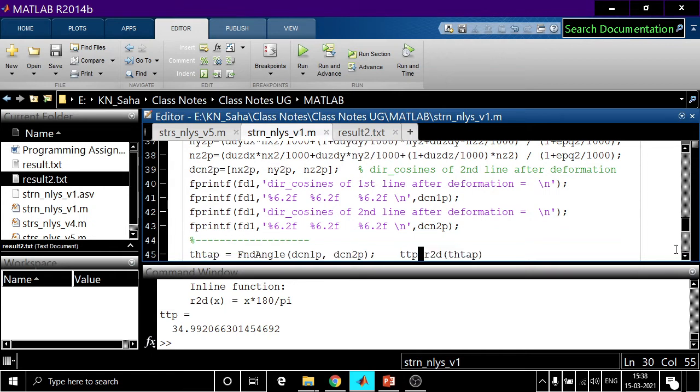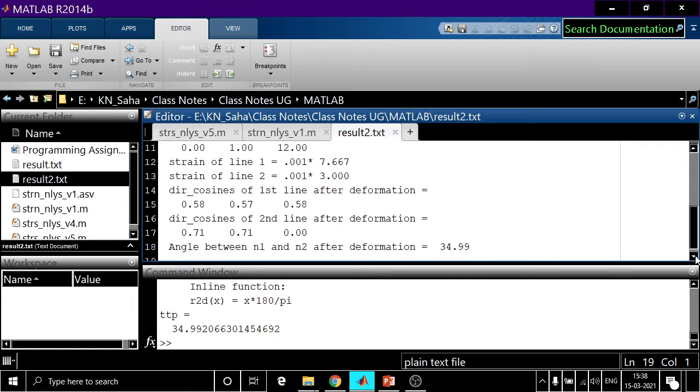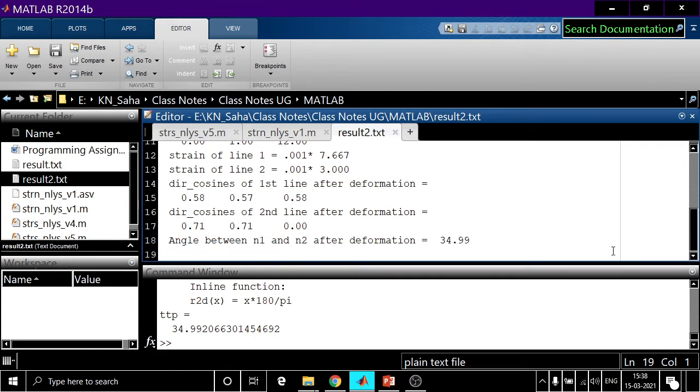So these are the results, written in our output file. Then we can calculate the angle between those two lines after deformation.